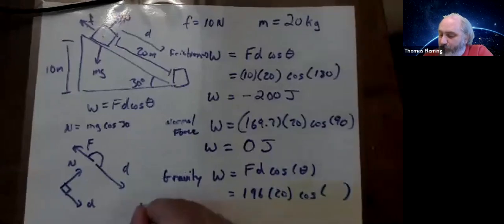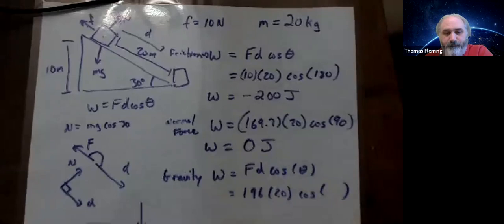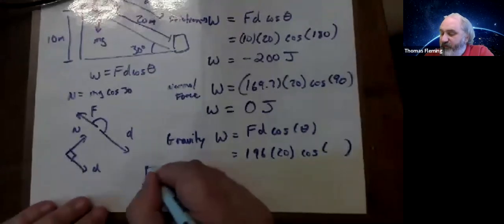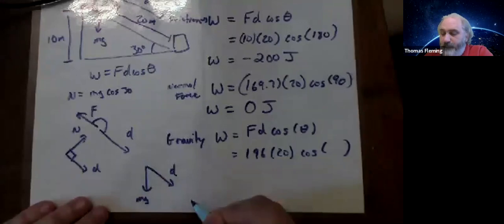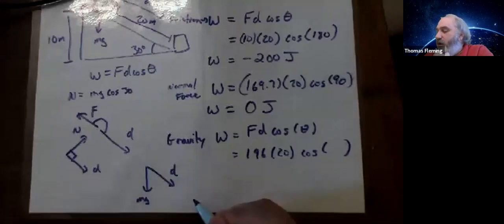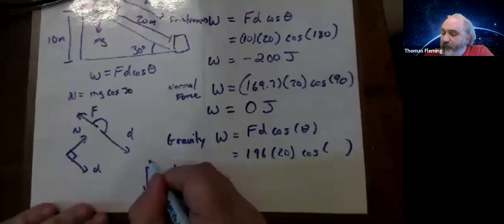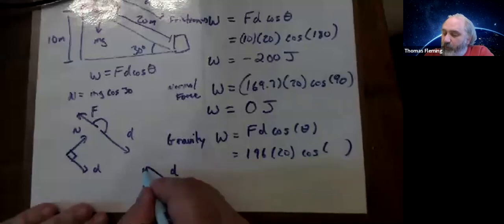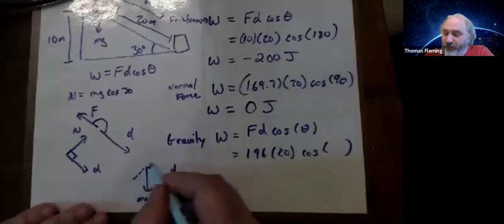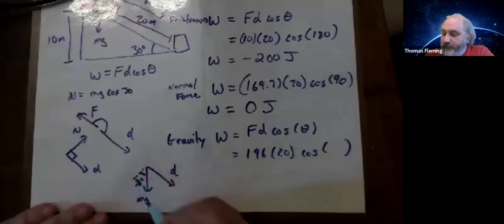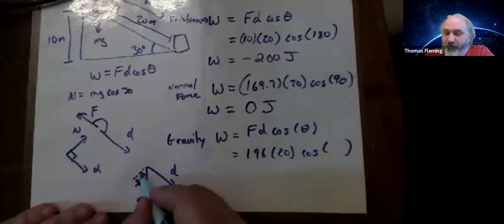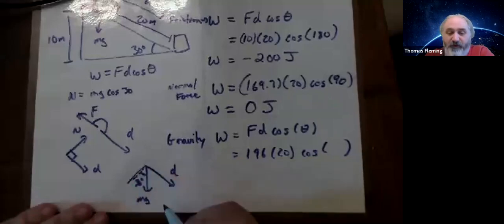So gravity pointed straight down. There we go. The distance is straight along the ramp. And what I know is, if I was doing the components of mg, there's the y component that runs perpendicular to the ramp. I know this angle right here is 30. But that means that this angle is 30 and this are perpendicular.